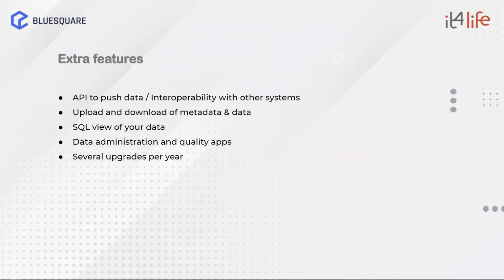You have an SQL view of your data. If you want to write queries, you have a variety of administration and data quality applications, and you have several upgrades per year. This system is being managed by the University of Oslo, and they offer 2 to 3 upgrades every year.